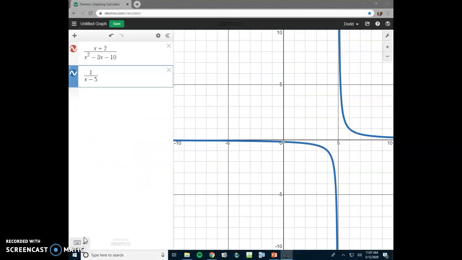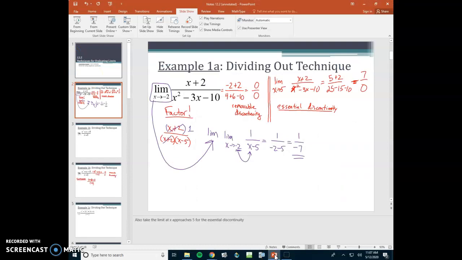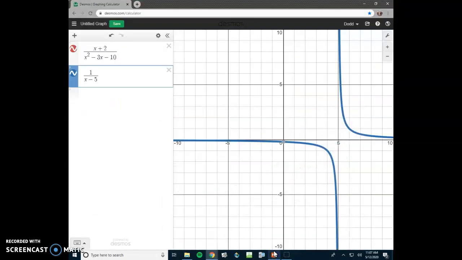So I've returned to Desmos here, and I have the function 1 over x minus 5, that reduced version here. And so now we can plug that gap. Basically, this thing lies directly on top of the original function, but it has this x plus 2 eliminated so that x equals negative 2 is defined on this reduced, simplified version.